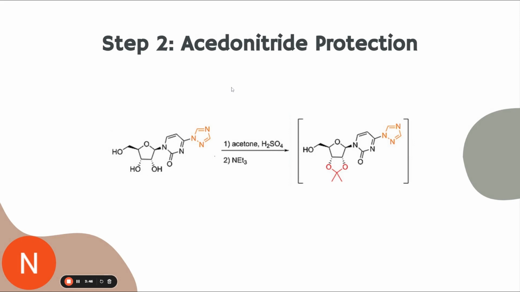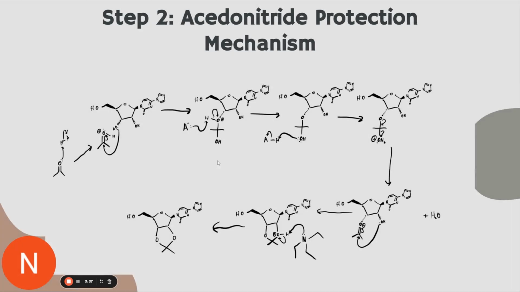Next is acetonide protection. These OH groups need to be protected, or else you can't add any acid or bases later on. The way this is done is by adding acetone and a strong acid. The strong acid will protonate the acetone, making it a better leaving group, where the electrons will be more likely to go up to the oxygen when it does attack.